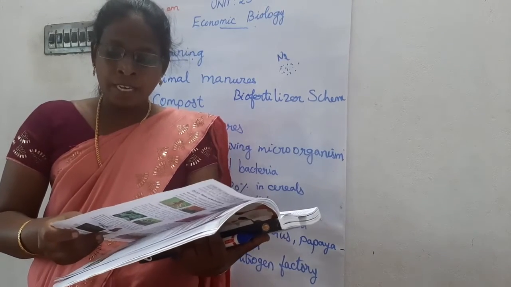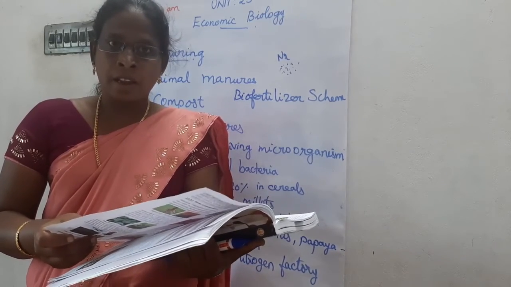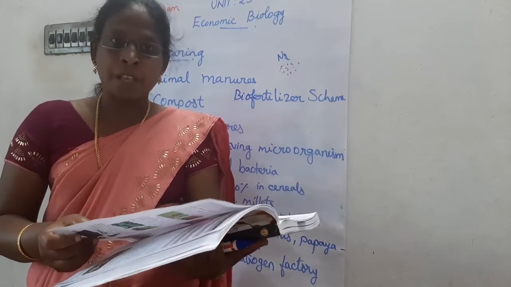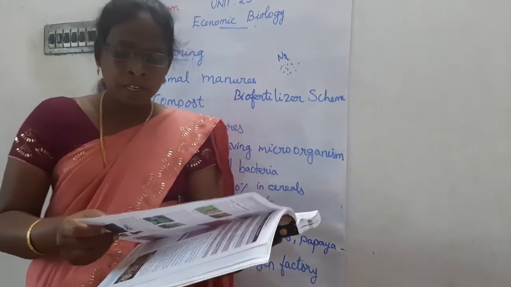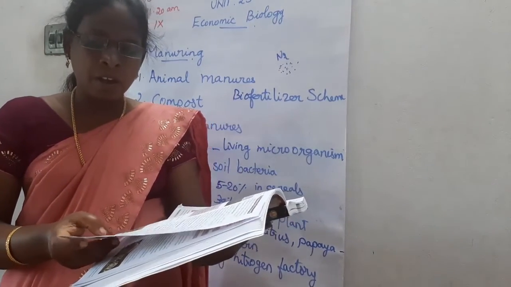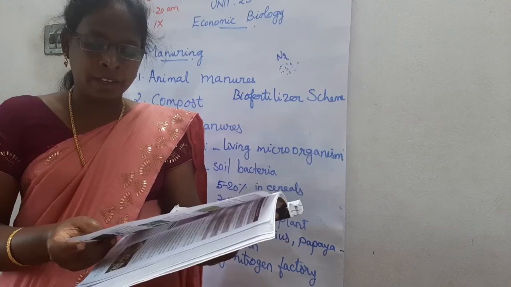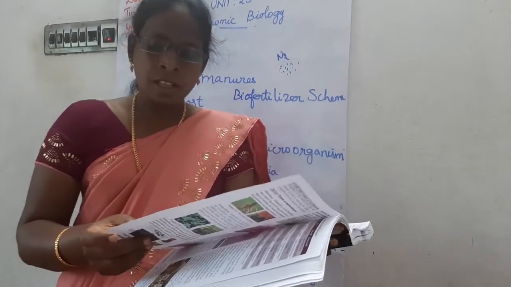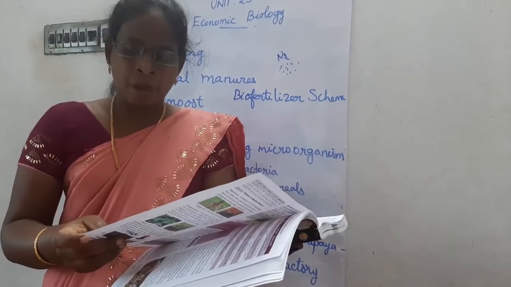What are biofertilizers? Write down the types of biofertilizers. Very important question. So page number 275, last heading, near that you can write the question. What are biofertilizers? Write down the types of biofertilizers.